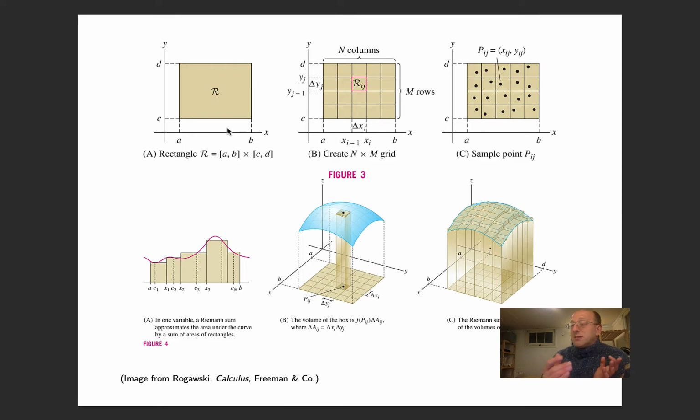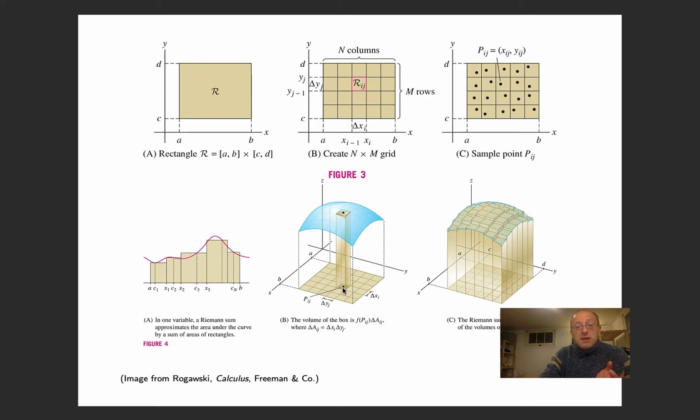To do a Riemann sum for an integral here, we would divide this rectangle up into a bunch of little rectangles. And then from each little rectangle, we would choose a sample point. Commonly, you would say take the lower right corner of each rectangle, or the upper left corner, or the center of each rectangle. In this figure, they've drawn it with choosing apparently a random point in each rectangle. But one way or another, you choose a sample point in each rectangle.